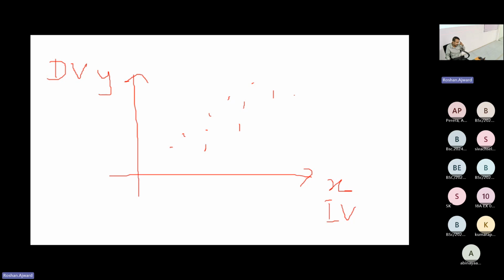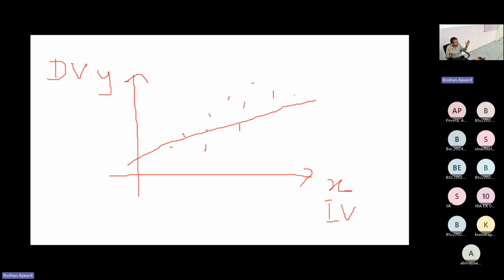Right? So now, carefully listen to this. In an OLS regression analysis, we are trying to fit a line that best fits these dots.